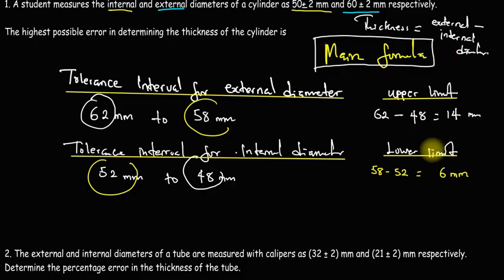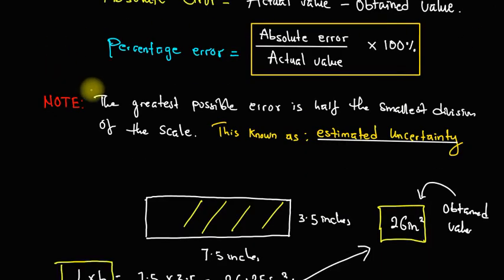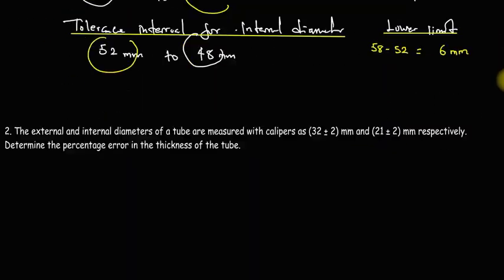So the next thing we're going to do is find the greatest possible error, right? Because that's what they asked us to look for, the greatest possible error. And how do we find greatest possible error? Remember this statement here, that the greatest possible error is half the smallest division of the scale. That's the same concept we're going to apply here.